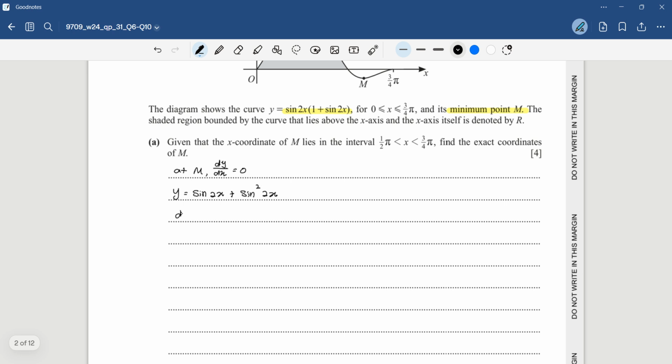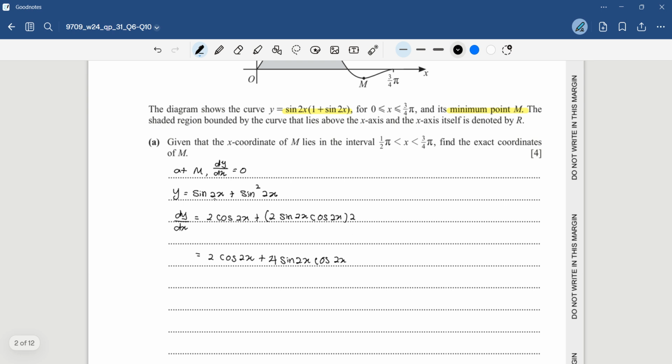If I differentiate this, dy over dx is: I differentiate sine to get cos 2x, differentiate 2x to get 2, plus I differentiate the power first, so 2 sine 2x, then multiply with the derivative of sine, cos 2x, and the derivative of 2x, which is 2. Therefore the end product is 2 cos 2x plus 4 sine 2x cos 2x.